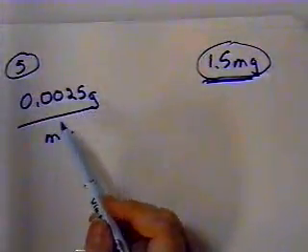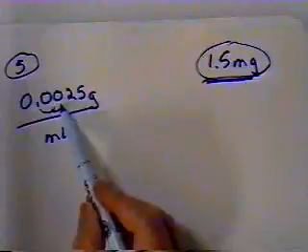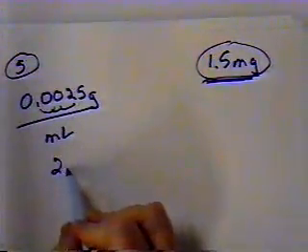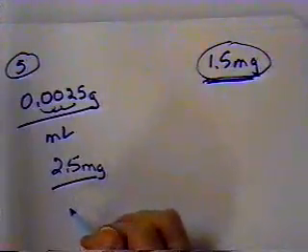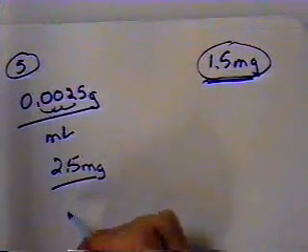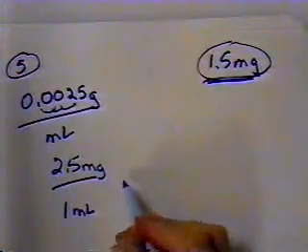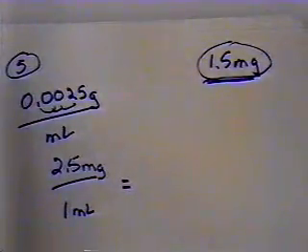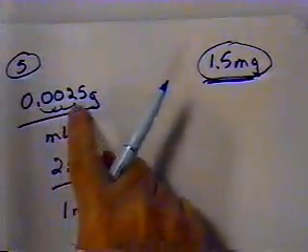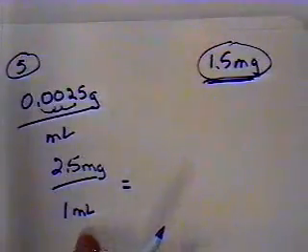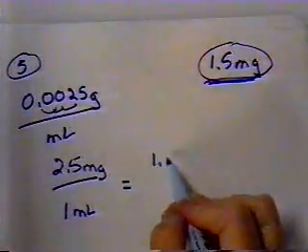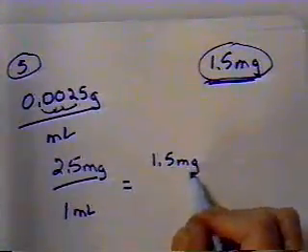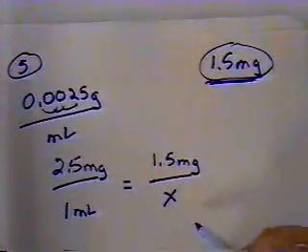So if I decided to change this one, it would be 2.5 milligrams per milliliter. And per milliliter means 1 milliliter. I moved the grams to make it milligrams. So if I have 2.5 milligrams per milliliter, and I'm ordered to give 1.5 milligrams, the labels always have to match.